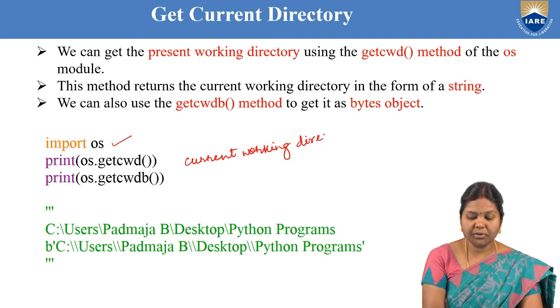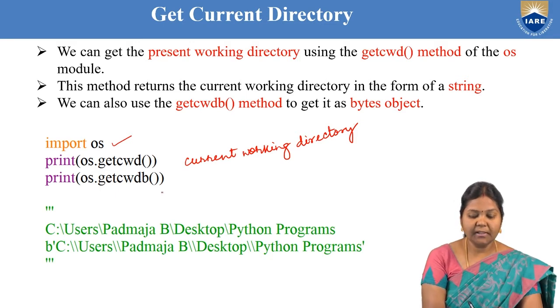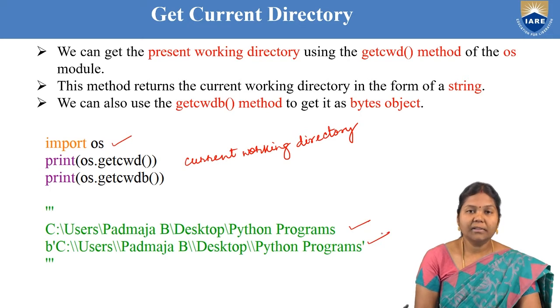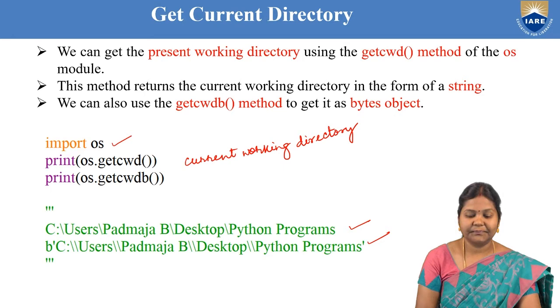The module name is os, so os.getcwd will give you the current working directory. Similarly, if you want to see the bytes object, you can write os.getcwdb. That's all. You can see the output here, which is my current working directory. So, getcwd is the method to display the current working directory.